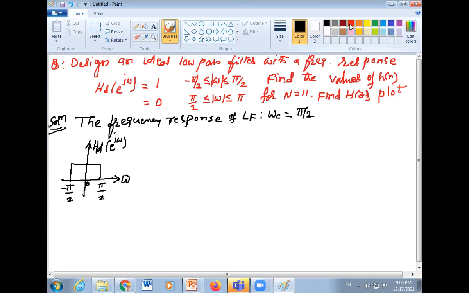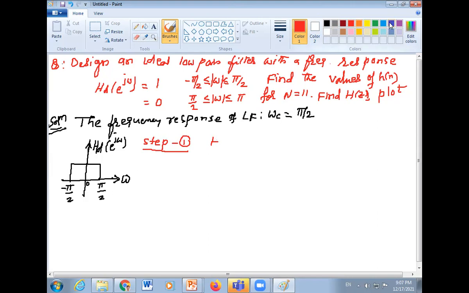So what is our step 1? Step 1 is to note the desired frequency response. Let us write it down once again.